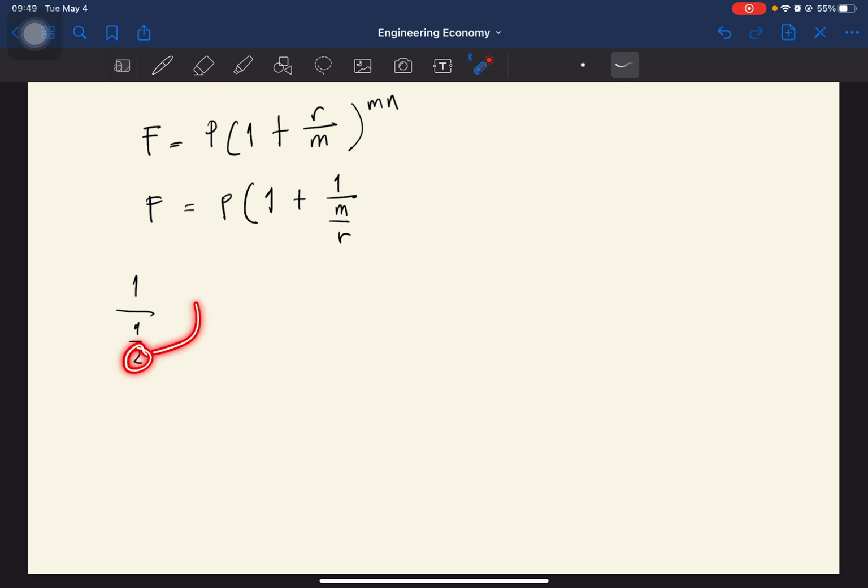So, this is going to be 2 over 1. Tama ba? So, ganun din dito. Kung i-rewrite natin ito, yung R mapupunta rin sa taas.